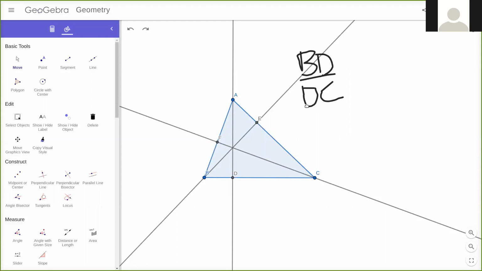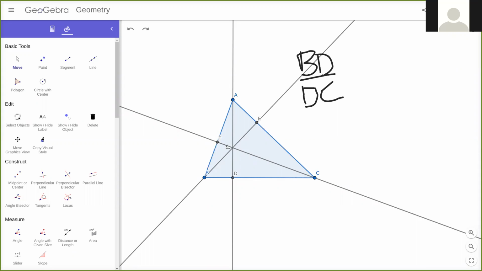BD over DC, and someone said use trig. Yes, so if we want to use Ceva's theorem for this, we're not going to be able to relate BD over DC easily to any of the other lengths. So unfortunately, if we want to use Ceva's theorem to prove that these altitudes are concurrent, then one more straightforward way is to use trig.